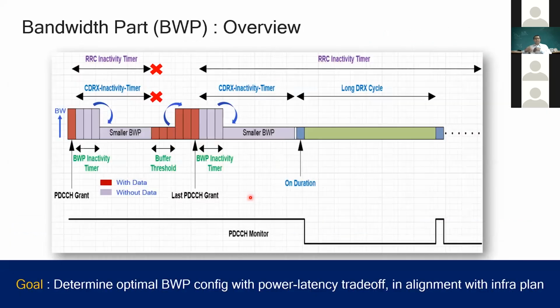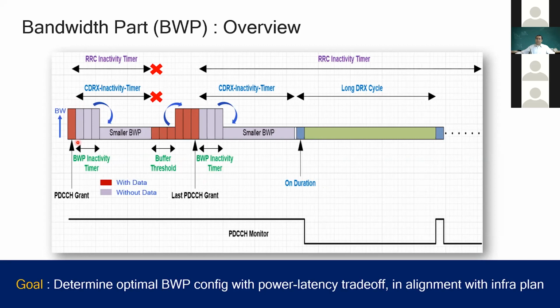Now, switching gear to bandwidth part, I understand bandwidth part is already implemented in many networks in China. Basically, the idea is that unlike LTE, the channel bandwidth could be as high as 100 megahertz, but depending on the type of application, you may not always need to monitor a 100 megahertz channel. So if there is a mechanism that can optimally switch you from a small bandwidth part to a large one and large to small, there is an opportunity to save battery.